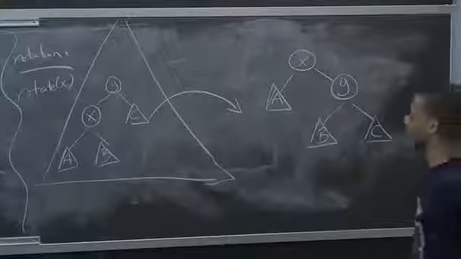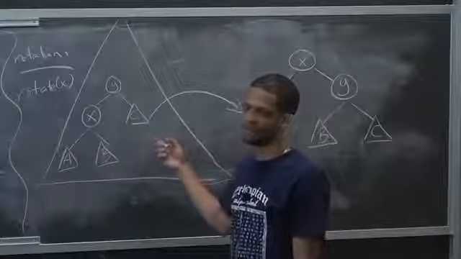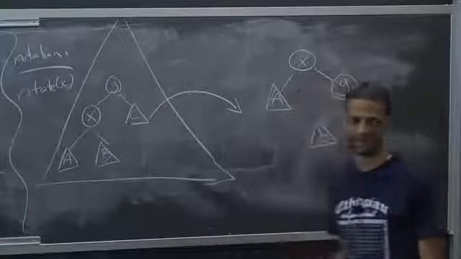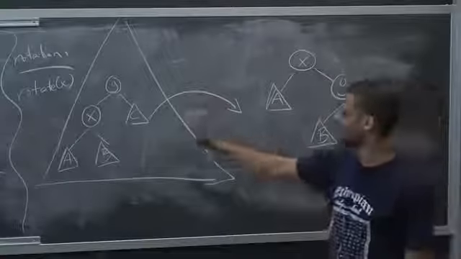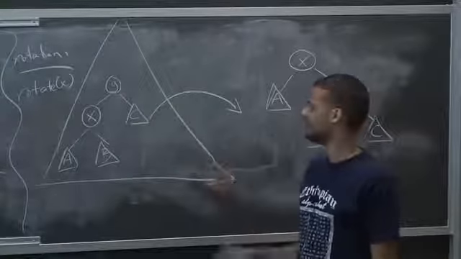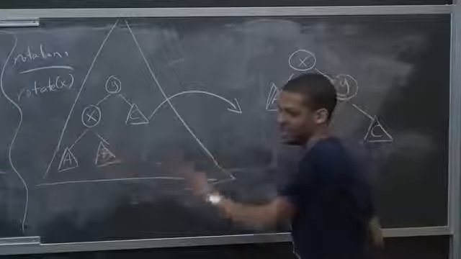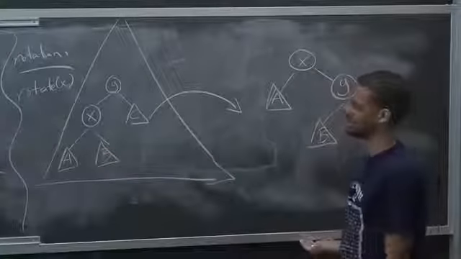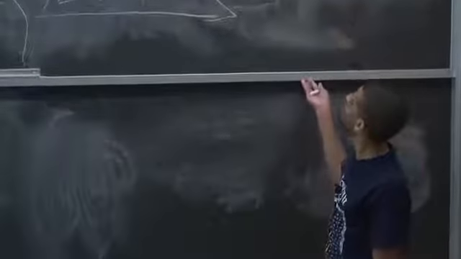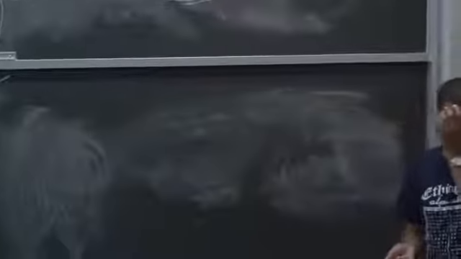And X could be the right child of Y, in which case there's a symmetric looking picture. So the point is that X now becomes the parent of its parent. And then these trees go wherever they need to go to keep the binary search tree ordering valid.